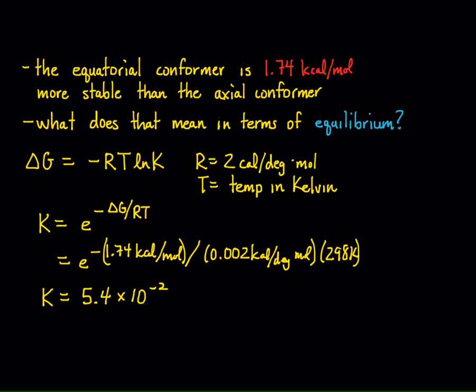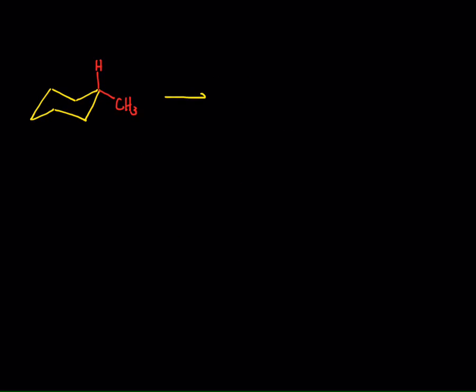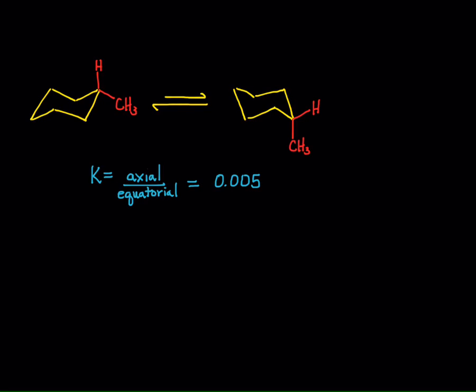So K is 0.0054, or roughly 0.005. Now, what does that mean? Okay, big picture. When I go from equatorial to axial, K is the concentration of the axial divided by the concentration of the equatorial.